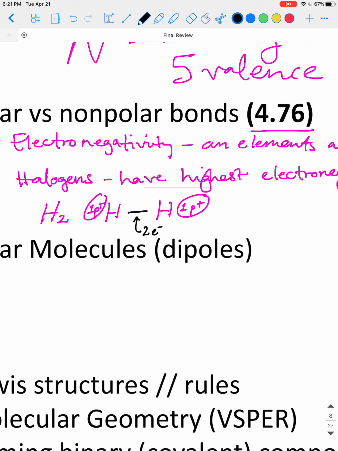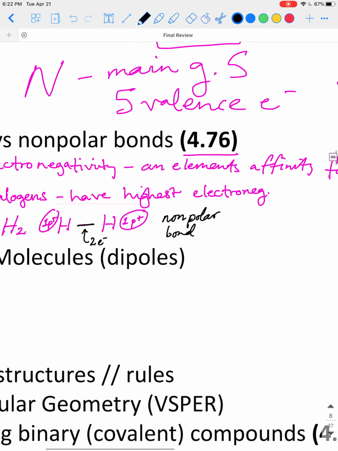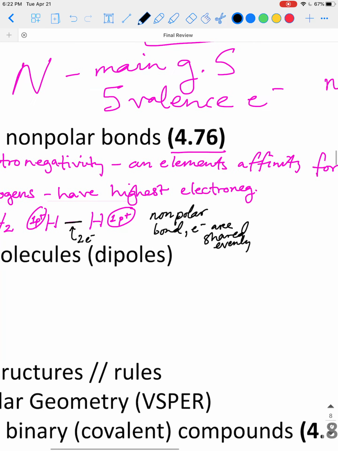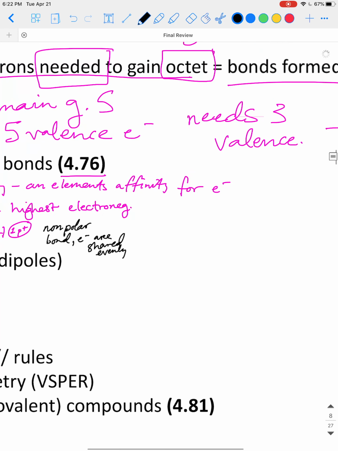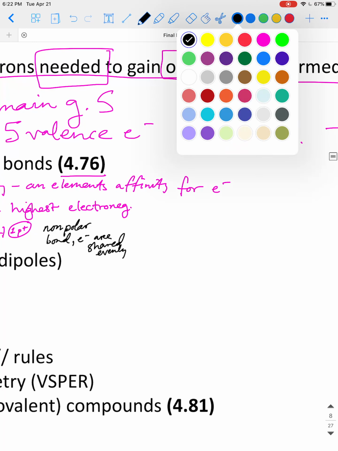All right, so if you have 2 identical atoms, 2 identical nuclei involved in the bond, then you have a non-polar bond because the electrons are shared evenly.